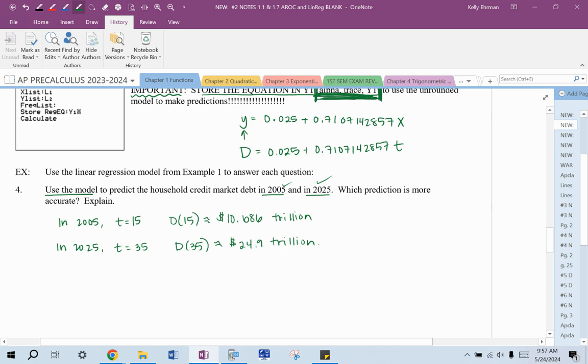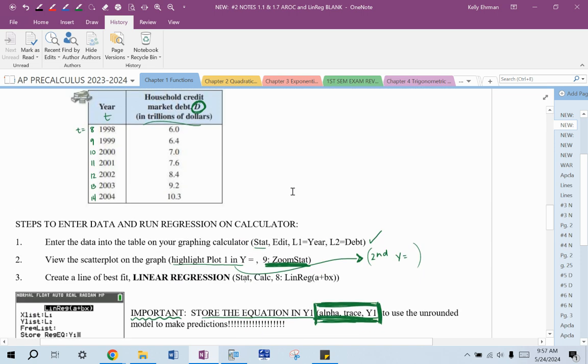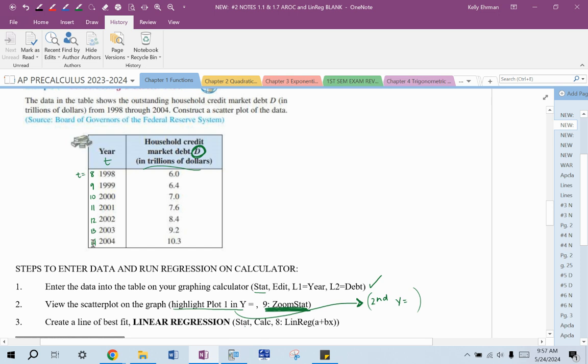Explain. So we don't really know the accuracy of either one, 15 or 35. But this model was based off of a domain from 8 to 14. So which one is closest to the domain of the actual model? Well, 15 is much closer to this 8 to 14 window than 35 is.